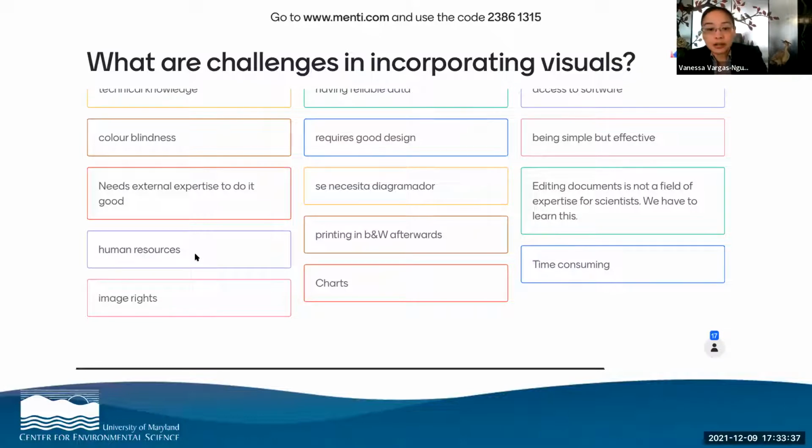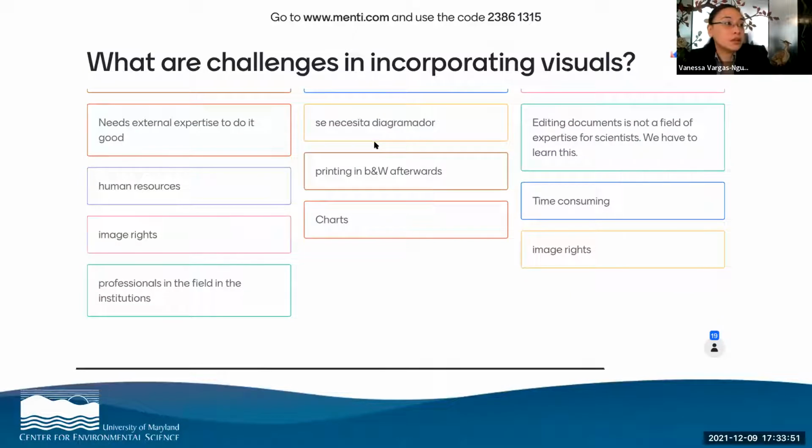In the next segment, I'll show a video on how you can do it as well, even in just as simply as Excel, thinking about cleaning up your graphs. And necessitating someone who does it. Yeah, so editing document is not a field of expertise for scientists. We have to learn this.